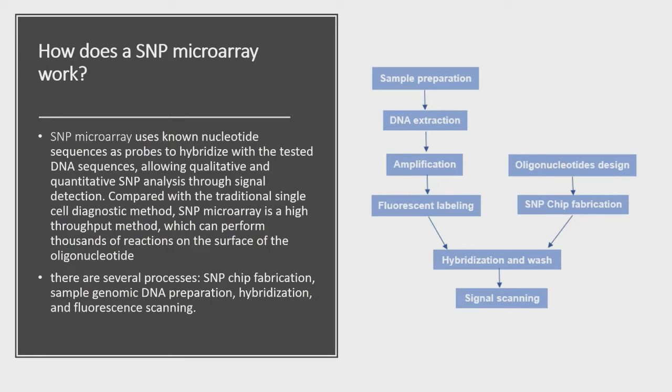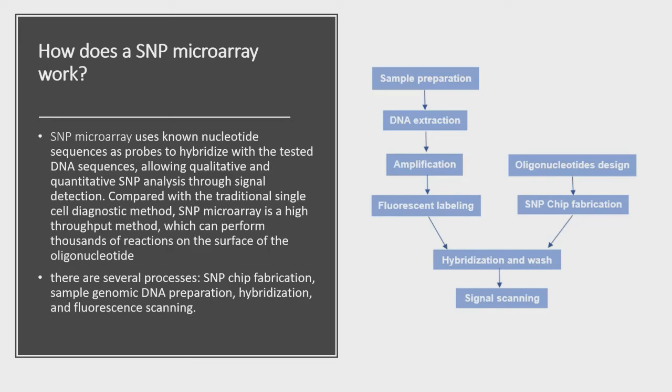An SNP microarray uses nucleotide sequences as probes to hybridize with the tested DNA sequences, allowing qualitative and quantitative SNP analysis through a single detection. Compared with traditional single-gene diagnostic methods, the SNP microarray is a high-throughput method which can perform thousands of reactions on the surface of oligonucleotides.